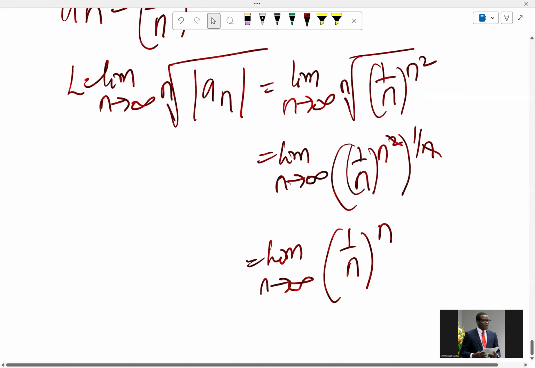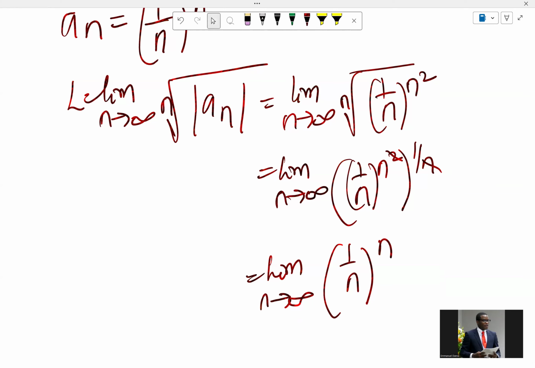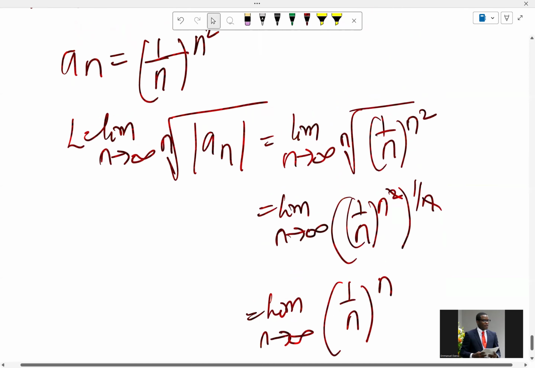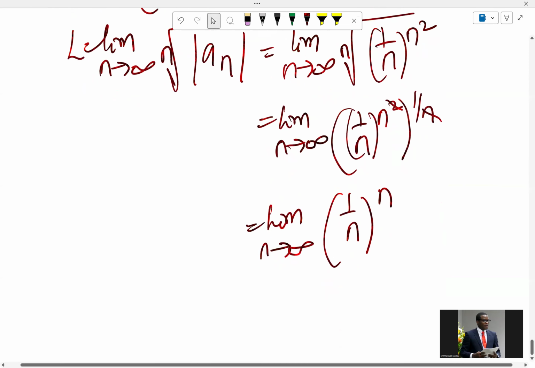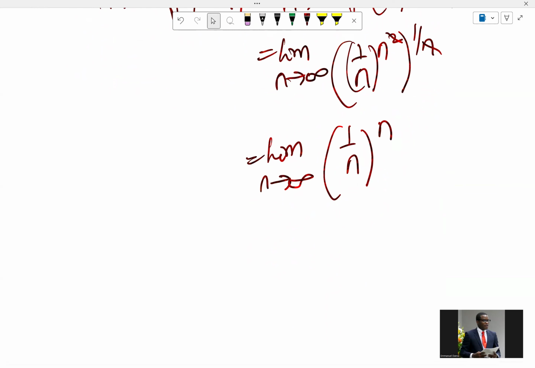If that happens, of course I didn't bother about the absolute value again, because the way it is, everything is guaranteed to be positive. So we have 1 over n raised to the power n. As n approaches infinity, you can already see that this 1 over n inside here will move very fast, and 1 over infinity will be 0.